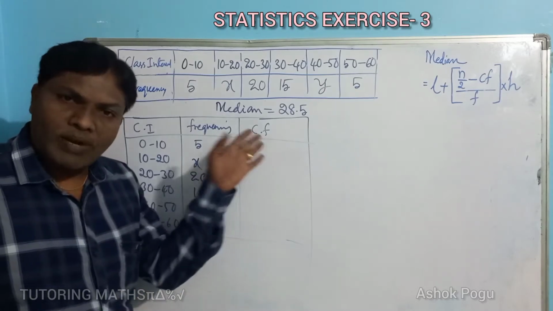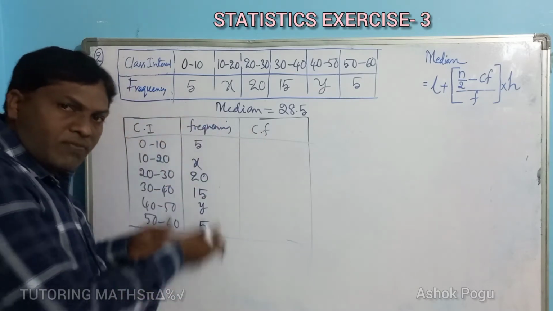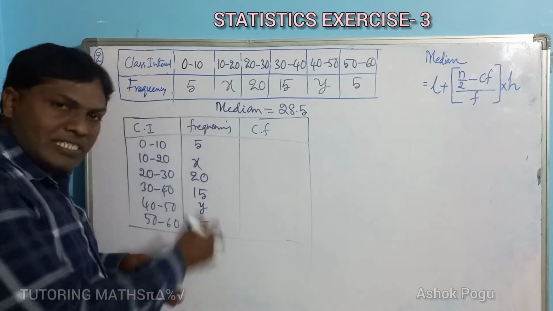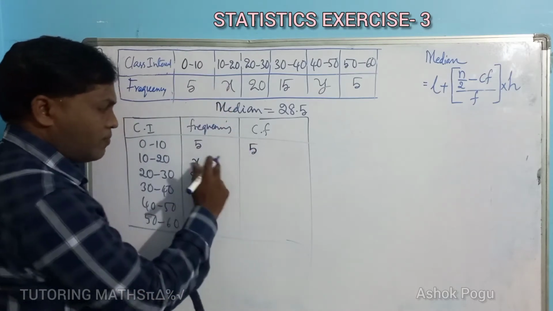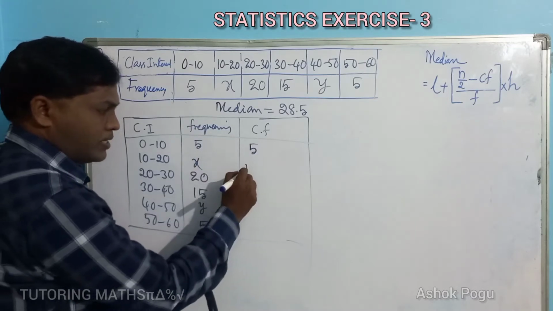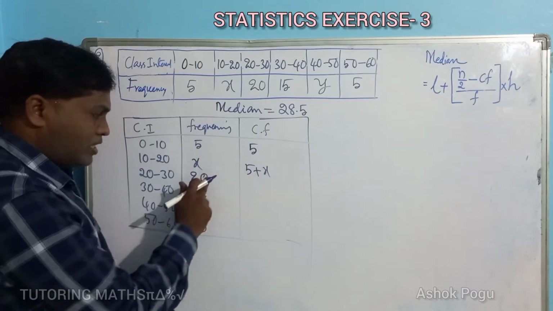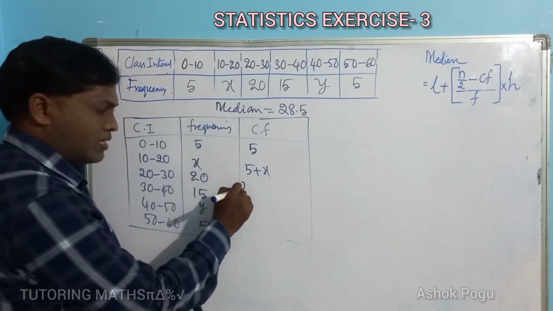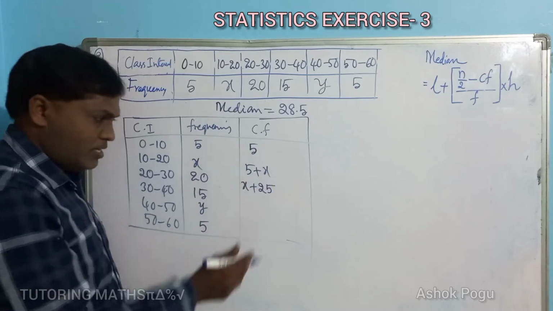You know the cumulative frequency. How do we find cumulative frequency? By adding all these frequencies in ascending order, top to bottom. First result is 5, and second result is 5 plus x, that is x plus 5. Next, x plus 5 plus 20 becomes x plus 25.